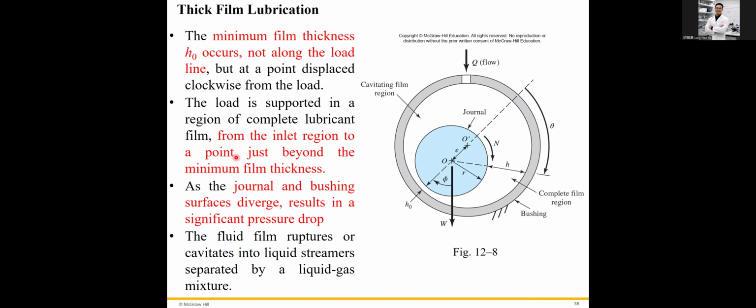Where's the region that I mentioned? I already mentioned previously, right? We have this oil coming in right here, that means from the inlet region, to the point just beyond the minimum film thickness.